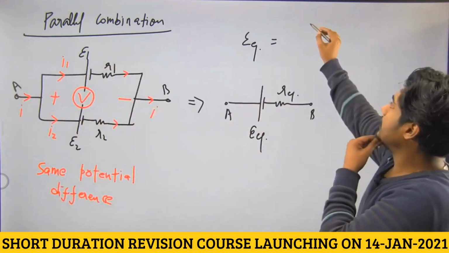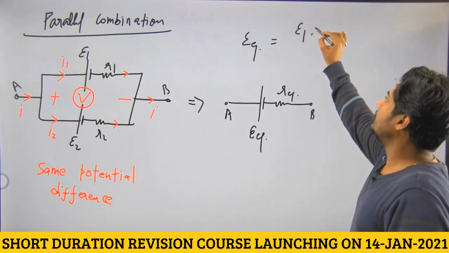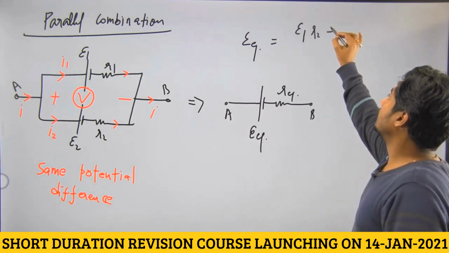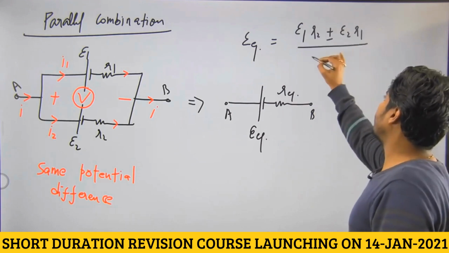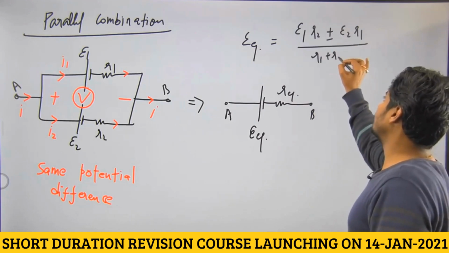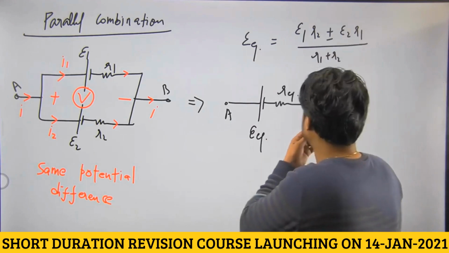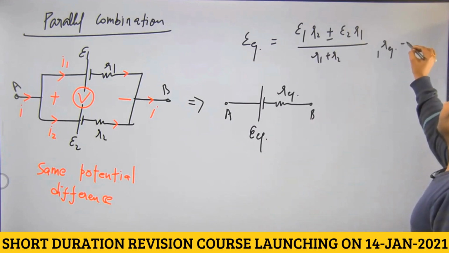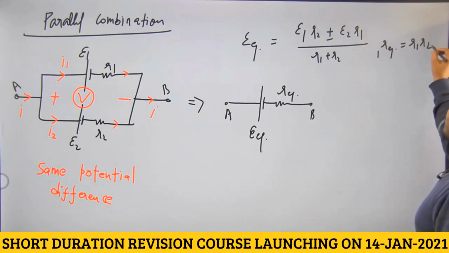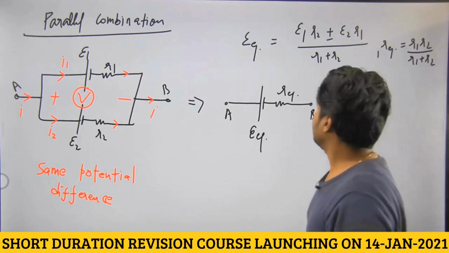So you can write E equivalent as, remember, (E1 R2 plus or minus E2 R1) upon (R1 plus R2), and R equivalent will be R1 R2 upon R1 plus R2, irrespective of the polarity.